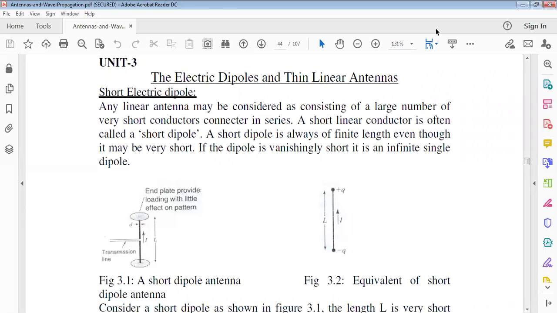If we want to find out the resistance of the antenna, what we have to do is split the entire 10 centimeters length of the antenna into 1 centimeter, 1 centimeter, 1 centimeter. That 1 centimeter length is called a differential length.